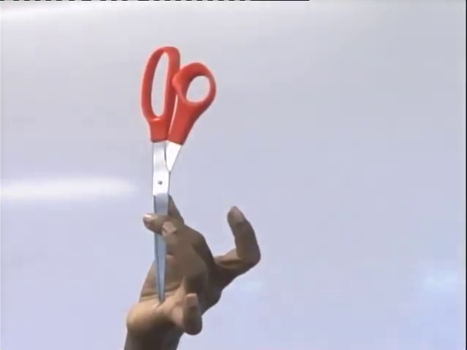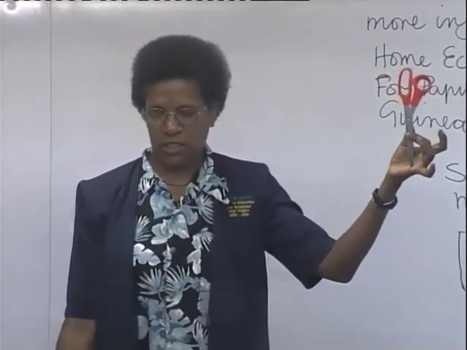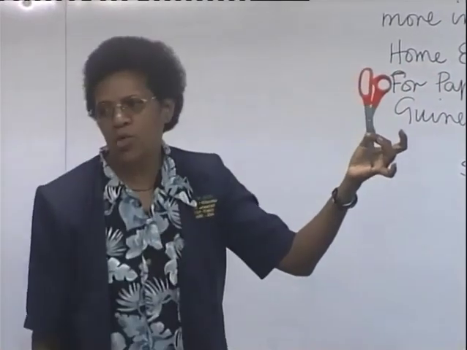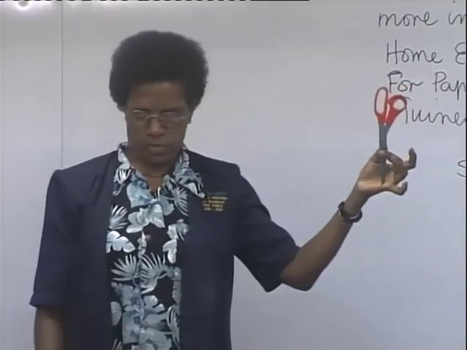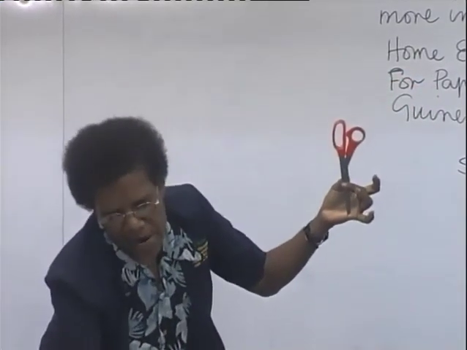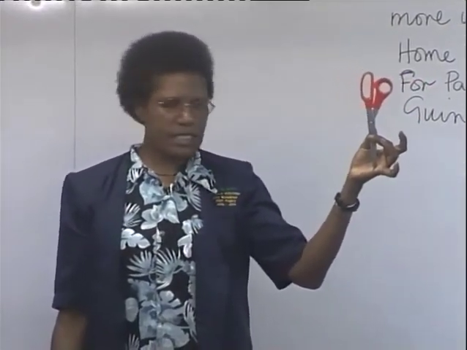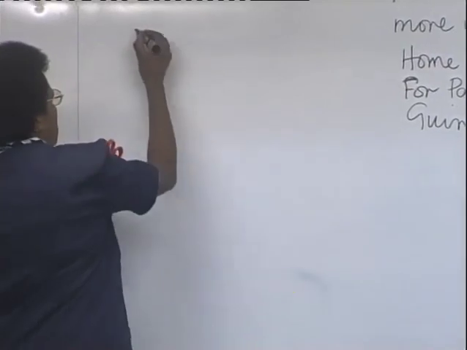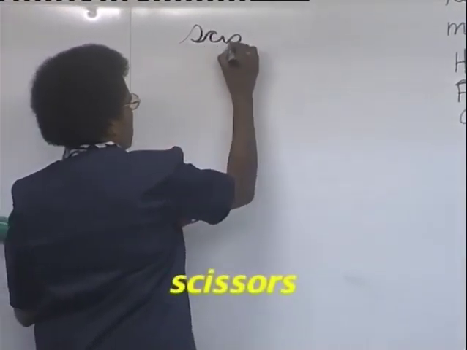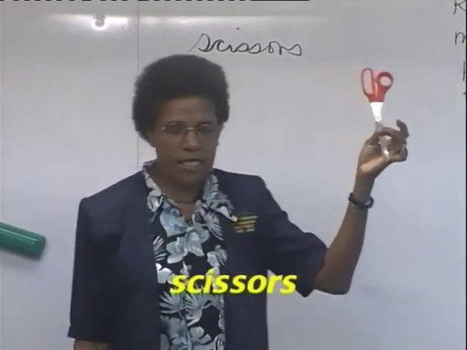Now, if I can have the first group to tell us what this equipment is. First group, if you can all together tell us what this first equipment is. Scissors, okay, it's a pair of scissors.